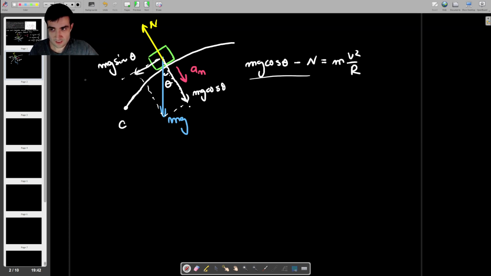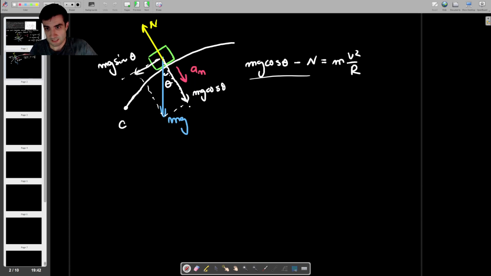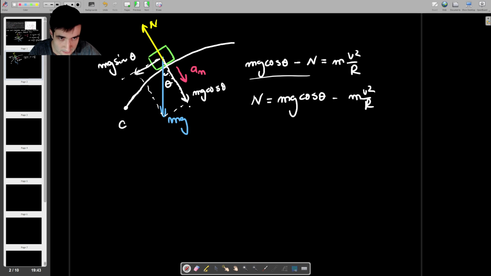It's mg cos theta minus n, and this was n minus, so there's a difference of being multiplied by -1, and the reason is the curvature of the path has changed in sign, basically. So we can rewrite the normal reaction force as mg cos theta minus mv squared by r, and this is m times g cos theta minus v squared over r.